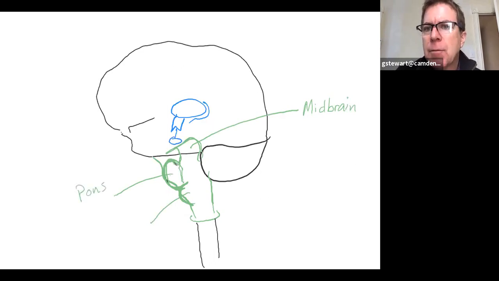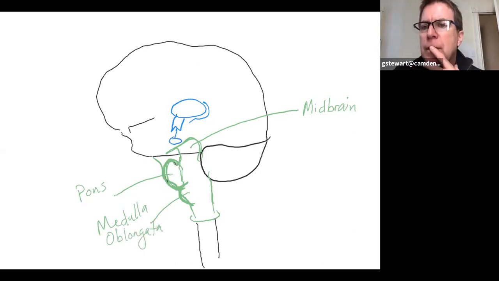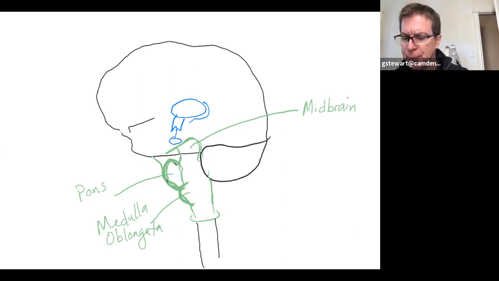That's this egg-shaped structure. It's all connected. That's why I didn't necessarily break it apart. And then finally, below the pons is the medulla oblongata. Those are the three structures of the brainstem.